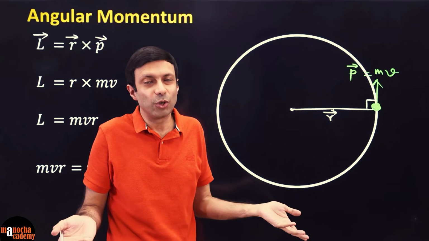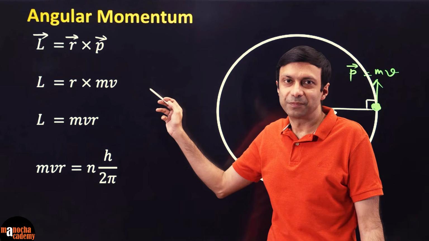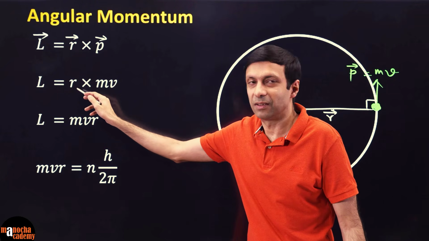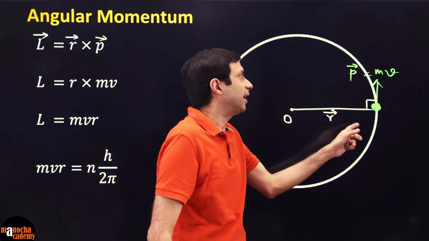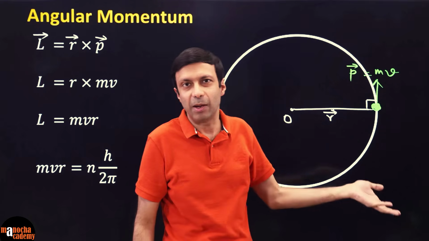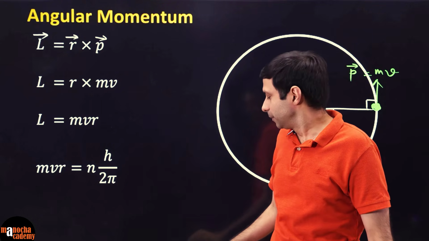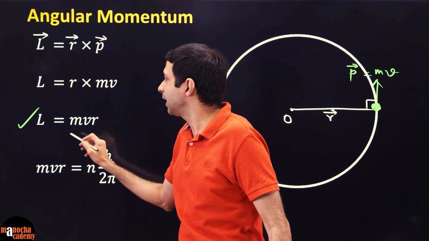So sine of 90 is 1, and we can simply take it as r times mv. So angular momentum is this r, the distance from the center O, times the momentum of the electron mv. We don't need any sine theta term. So you can simply remember that your angular momentum L is mv times r.